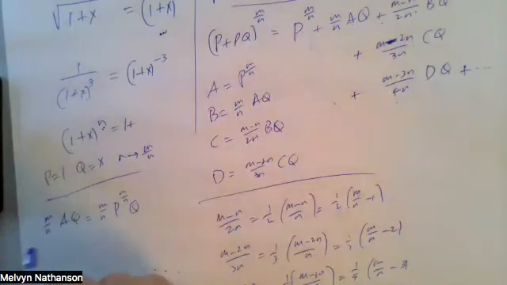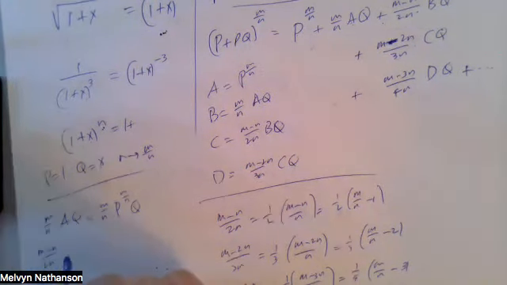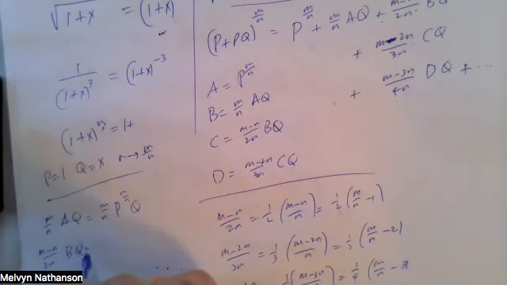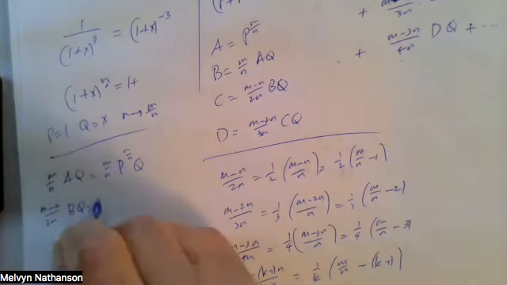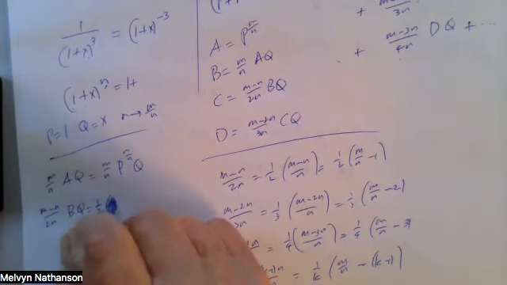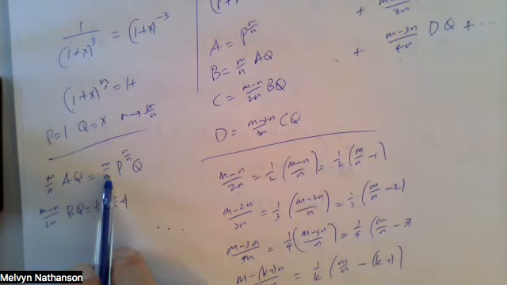What is the next term? (m minus n) over 2n bq. (m minus n) over 2n is a half (m over n minus 1) times b.